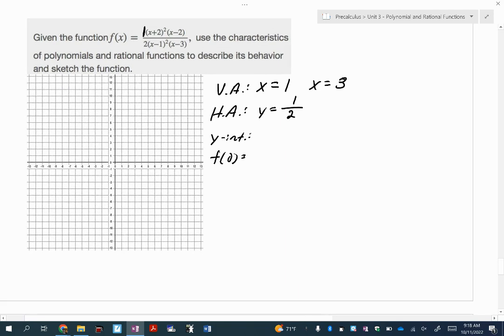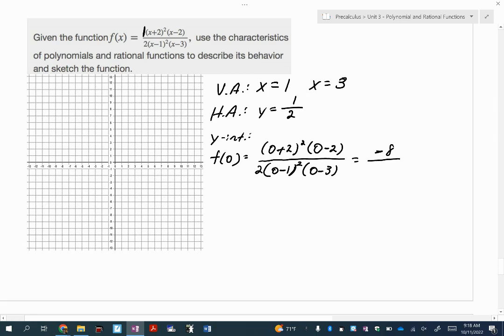All right, let's find the y-intercept by plugging in 0. So f of 0 will be (0 plus 2) squared times (0 minus 2), all over 2 times (0 minus 1) squared times (0 minus 3). That's going to be 4 times -2, which is -8.